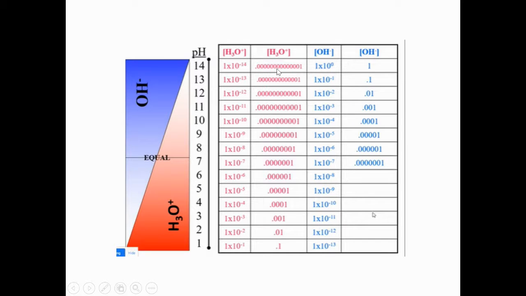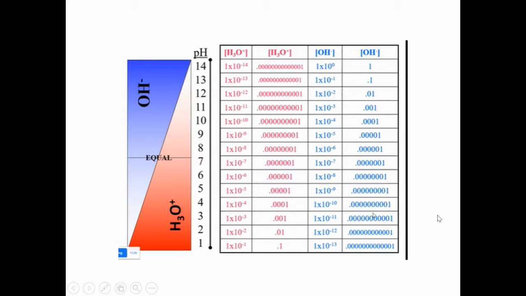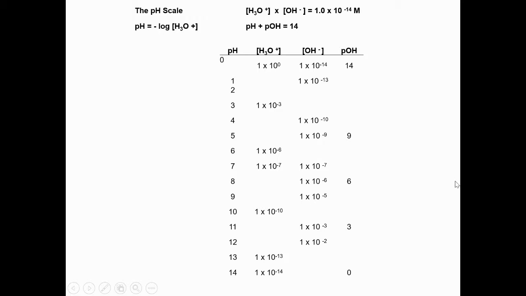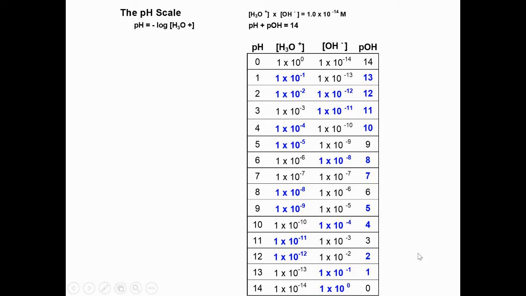At pH 14, very, very, very little H3O, but a lot of OH. Going the other way, as we go down in pH, the OH concentration is getting less and less and less. If you want, you can fill this in from the PowerPoint rather than having to do it while this video is running.